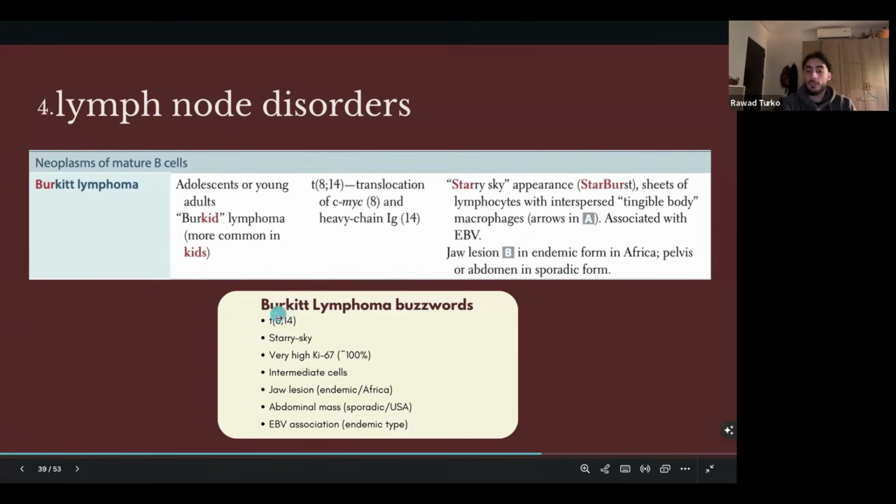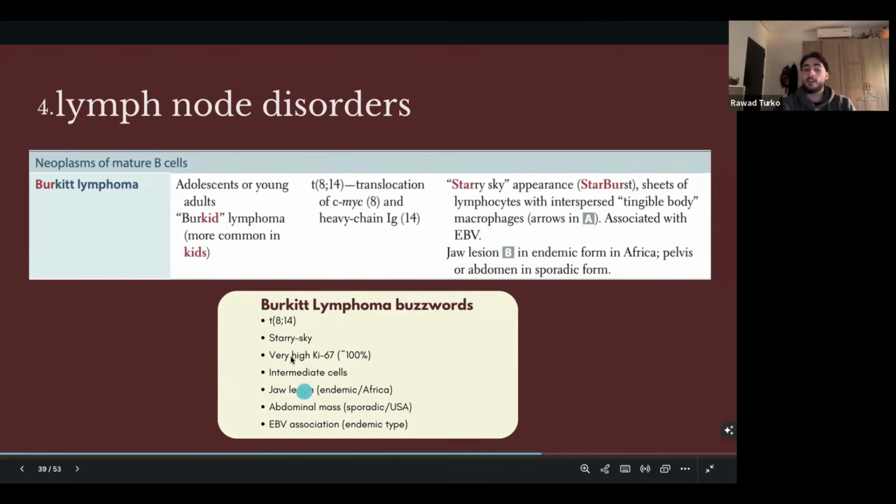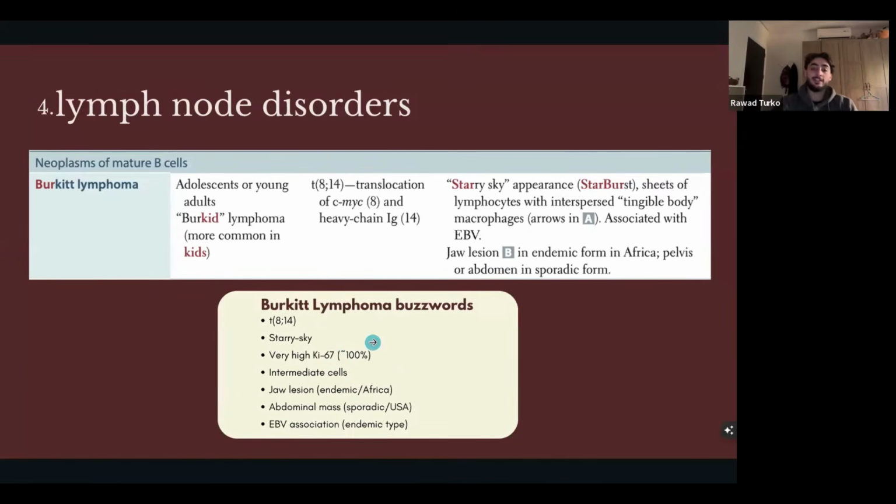Translocation 8;14, starry sky appearance, very high Ki-67. I know it's not mentioned anywhere in your slides, but I just wanted to bring it up because it's a buzzword, and it's very easy to know it's Burkitt's if you know what Ki-67 is. Ki-67 is a cell marker of cell proliferation.